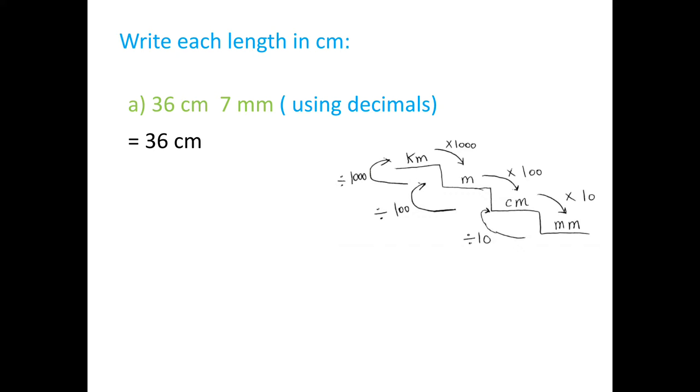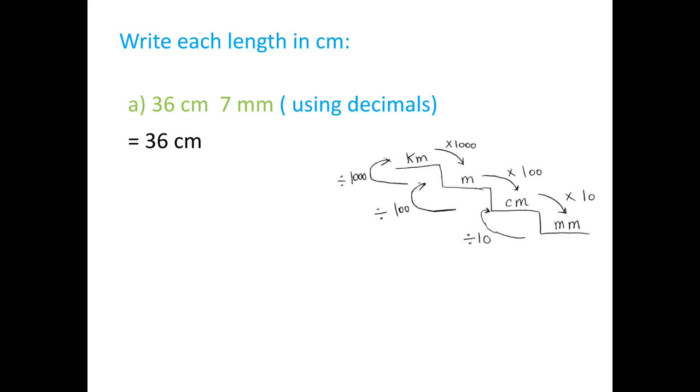How will I change? Look at the model. Point at the millimeter. When you move from millimeter to centimeter, are you going upstairs or downstairs? You're going upstairs. What do we use when we go upstairs? We use division. Which number do we use in division? It's 10. From the millimeter to the centimeter, it's 10.